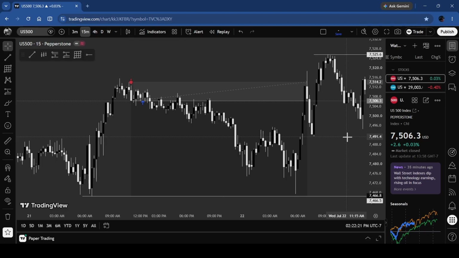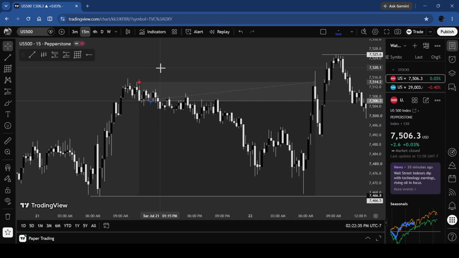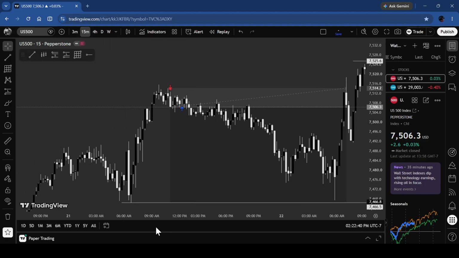It looks like an emotional entry and emotional exit, but it really wasn't, because I didn't have any rule which basically closes the charts. And I also didn't notice there was that SMT divergence.